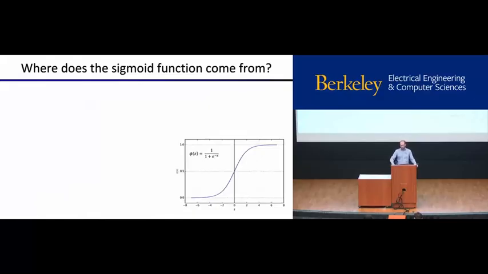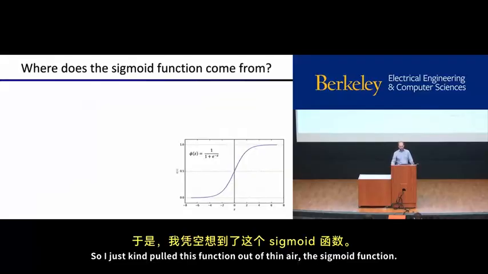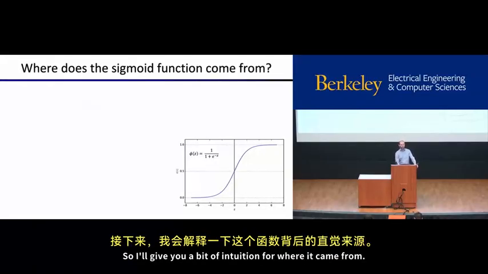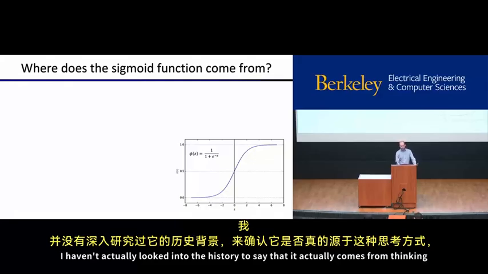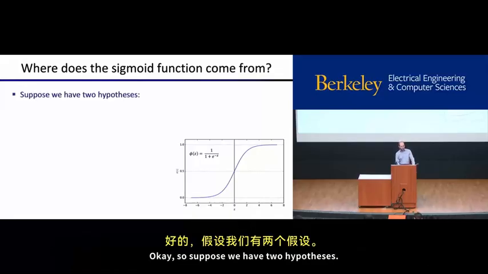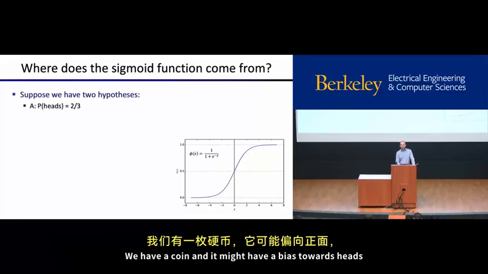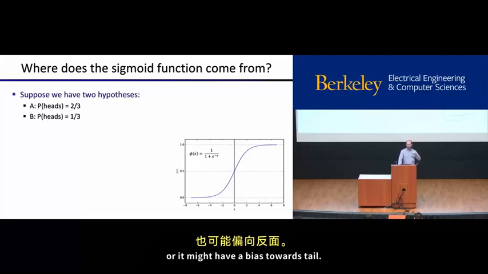So, I just kind of pulled this sigmoid function out of thin air, so I'll give you a bit of intuition for where it came from. I haven't actually looked into the history to say that it actually comes from thinking like this, but it must. Okay, so suppose we have two hypotheses. We have a coin, and it might have a bias towards heads, or it might have a bias towards tails.